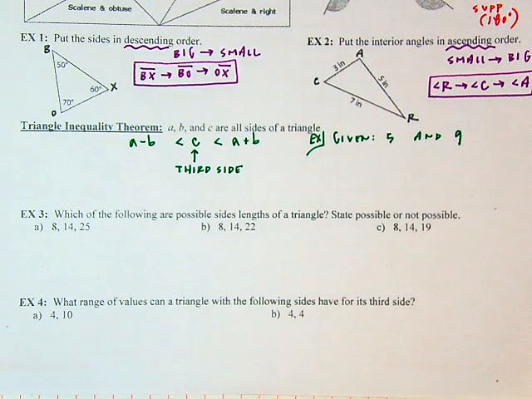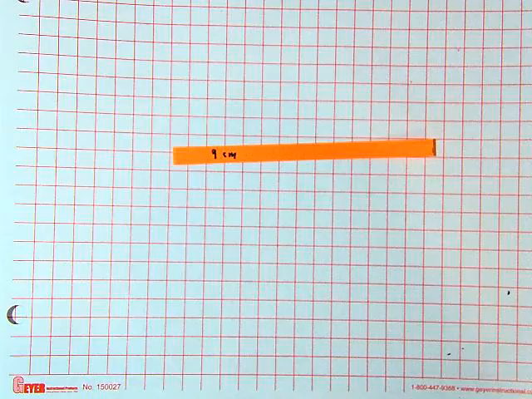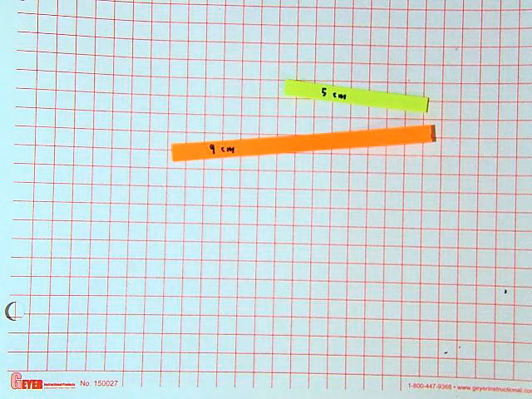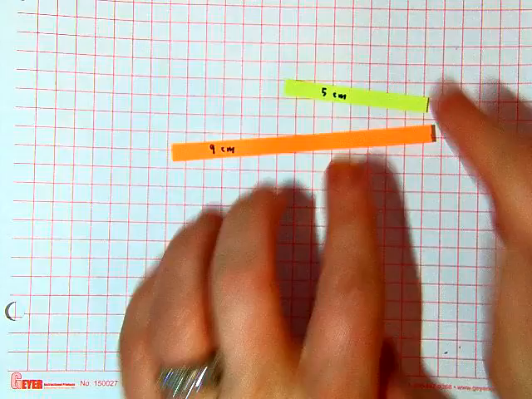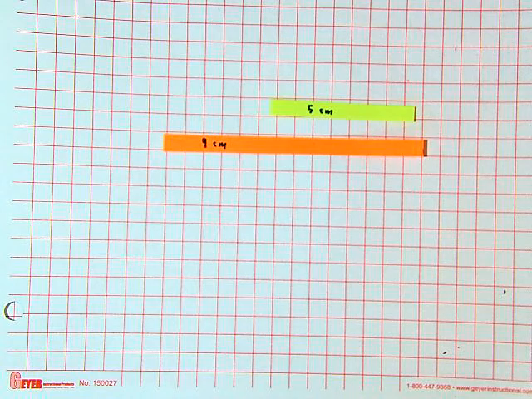Okay, let me take 2 strips of paper. Let me pull this away for just a moment. So I have a side that's 9 and a side that is 5. So I have 2 known sides. And I'm trying to picture, well, what spread of values could my third side be? So I'm going to imagine that these two sides are going to create a triangle.